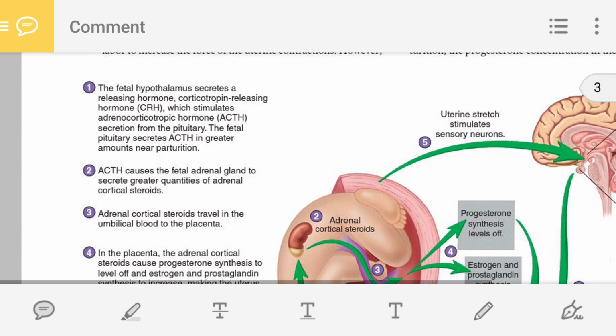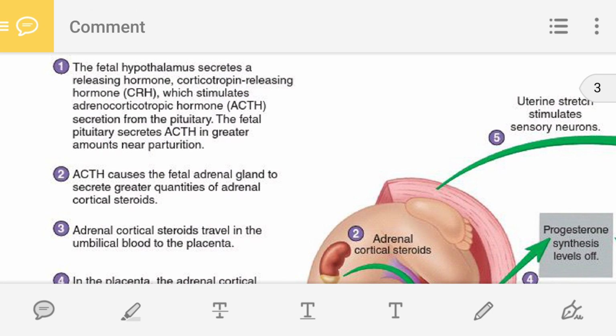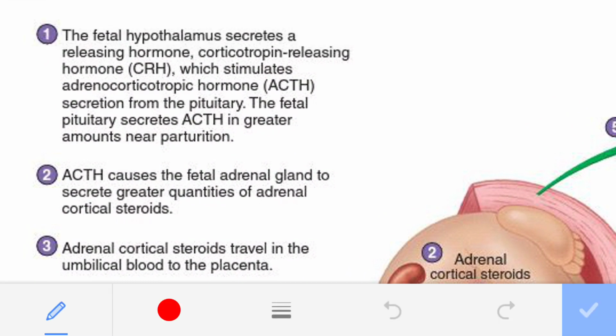Now this CRH is acting upon the pituitary gland. So the pituitary gland secretes ACTH, that is adrenocorticotropic hormone.